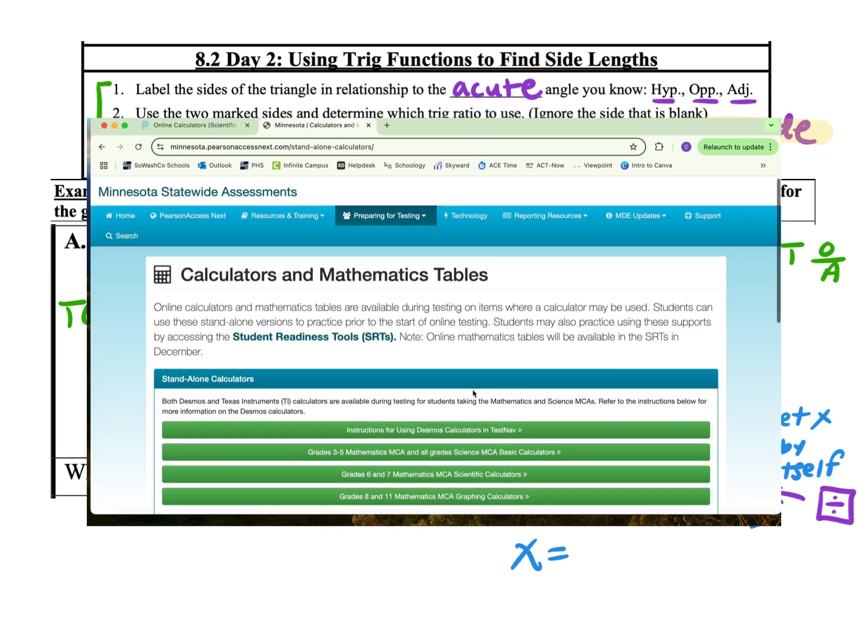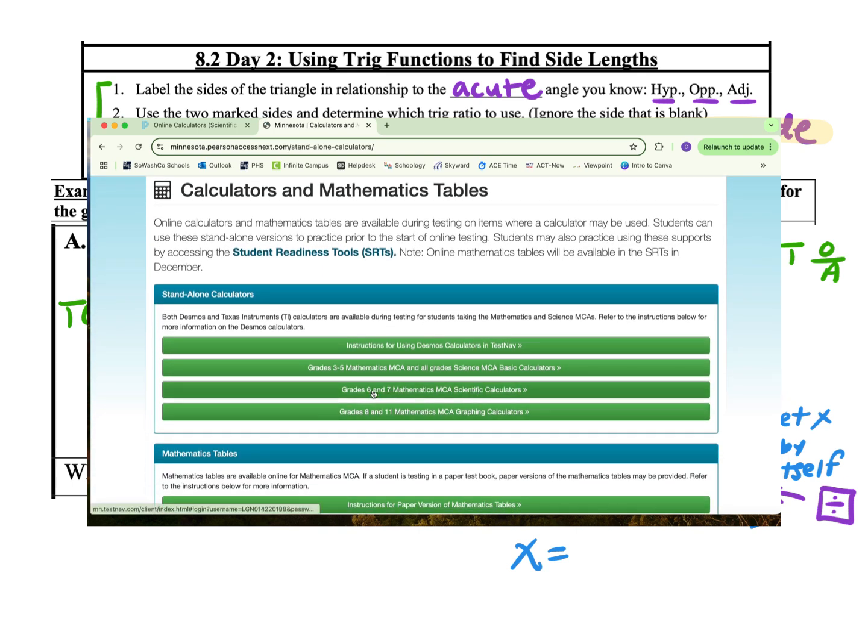Then I'll click the link. And you can either choose the grade 6 and 7 MCA scientific calculators or the grades 8 and 11 mathematics MCA graphing calculators. I'll do this first problem with the scientific calculator. The graphing calculator works almost the same. I'll show you that in the next problem.